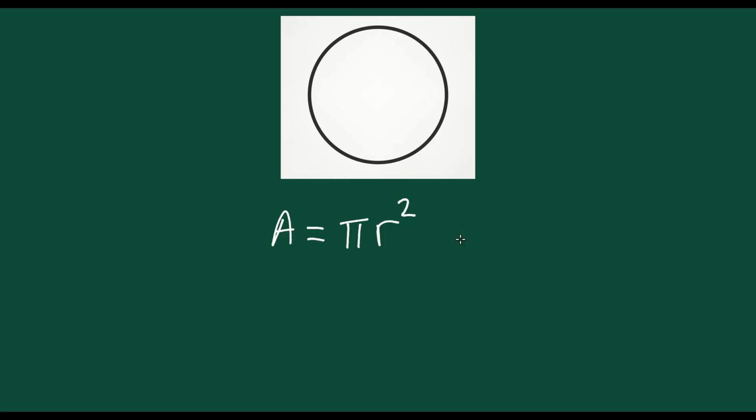So let's try some sample problems involving circles, and let's find their areas. Let's look at a couple of circles and figure out what their areas would be. Say this one here, the diameter is 4 inches.